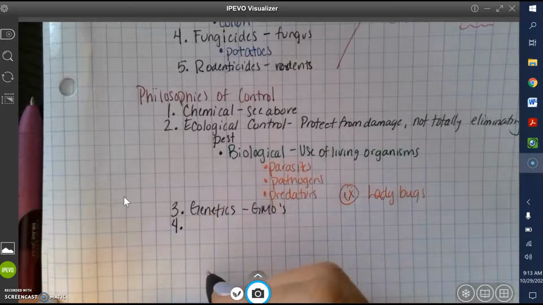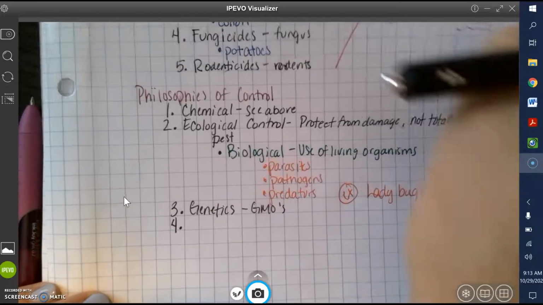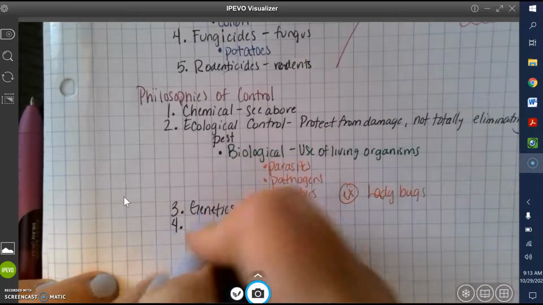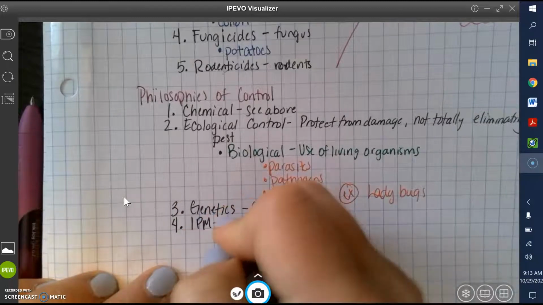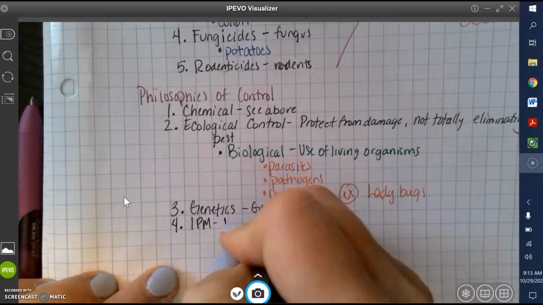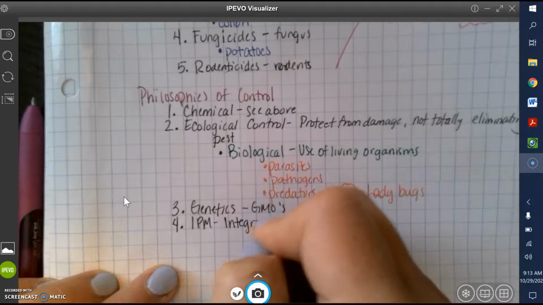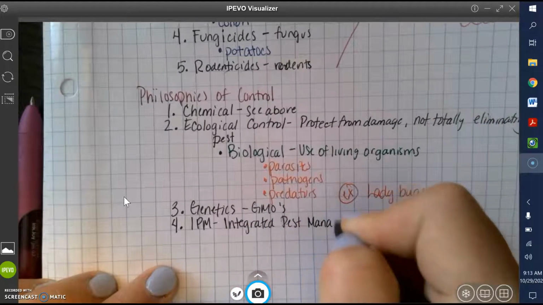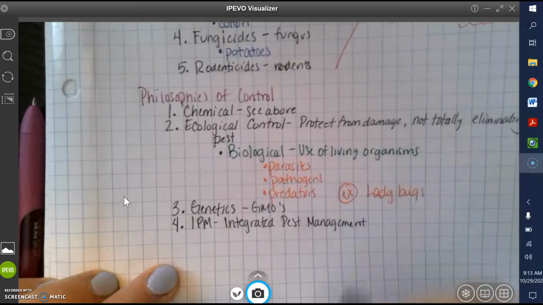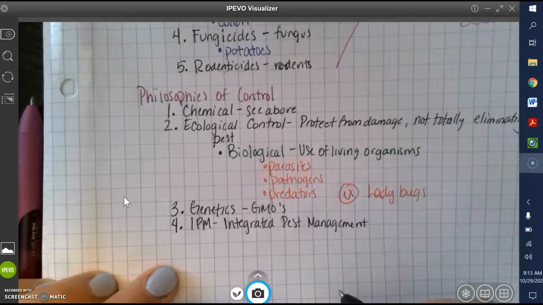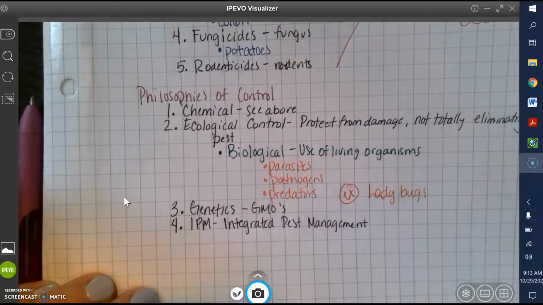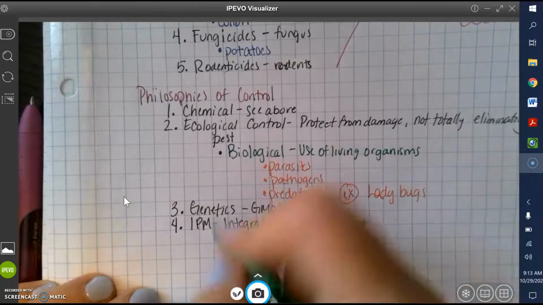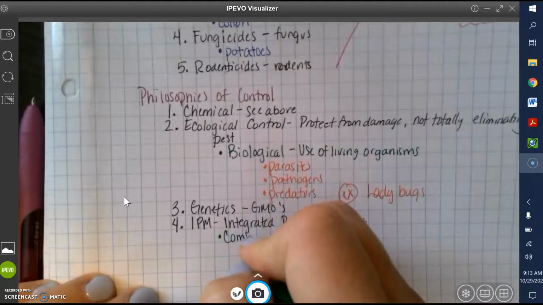And then a really good way or philosophy that I think is this IPM that you research, which is Integrated Pest Management. With integrated pest management, what happens is we use a combination of methods, so a combo of methods.